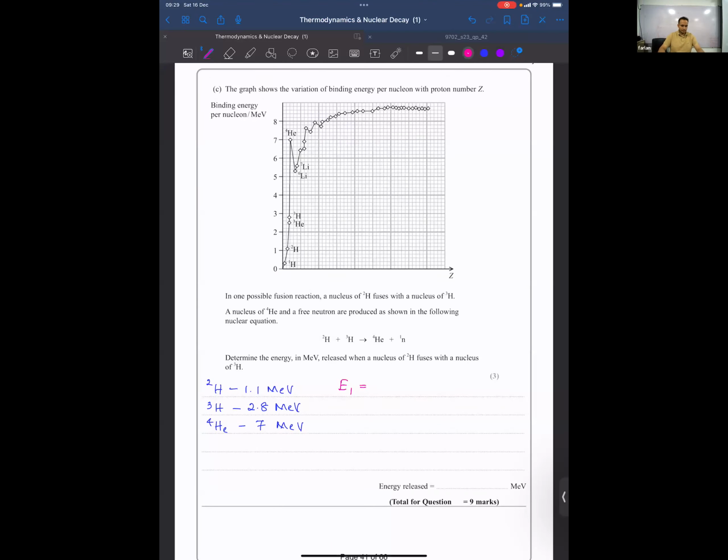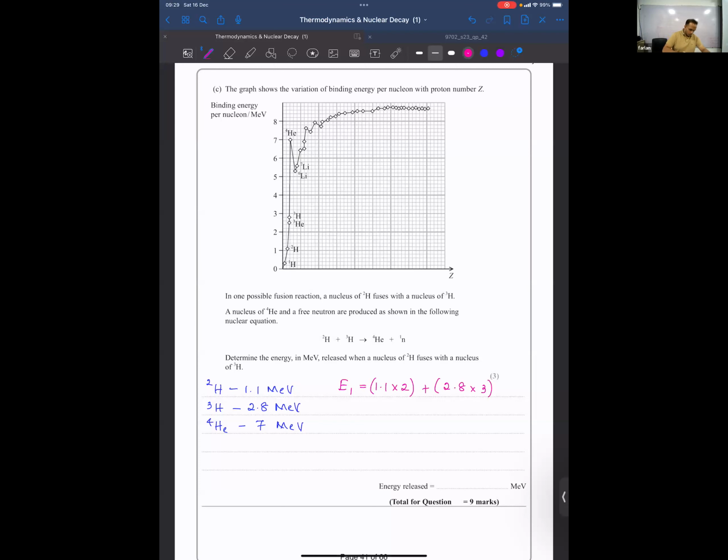Okay. Right. Now, E1 is the energy that you have to supply to disintegrate the hydrogen 2 and hydrogen 3. Hydrogen 2 has a binding energy per nucleon of 1.1, and there are 2 nucleons, so 1.1 into 2. Plus, hydrogen 3 has a binding energy per nucleon of 2.8, and there are 3 nucleons, 2.8 into 3.